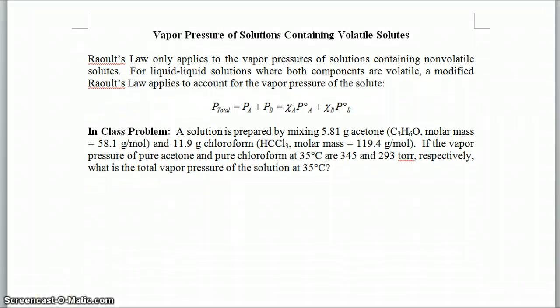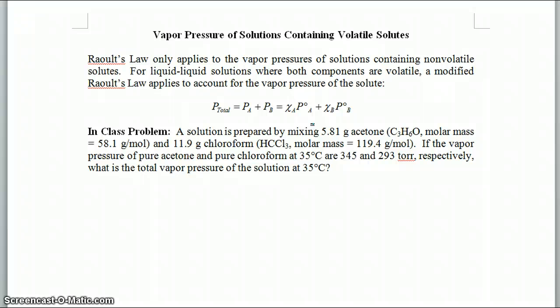Okay, so we can save this next in-class problem to do in class, but I wanted to at least go through this equation that is on this page. So we talked about Raoult's law as applying to solutions that have a non-volatile solute. And so if we have solutions where both of the components are volatile, you need to use this modified equation.